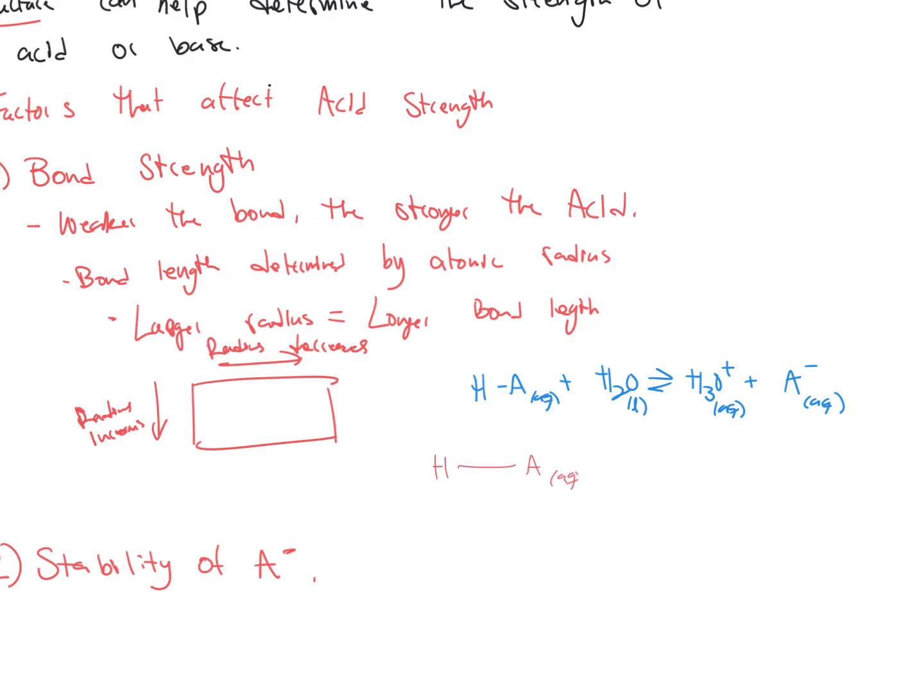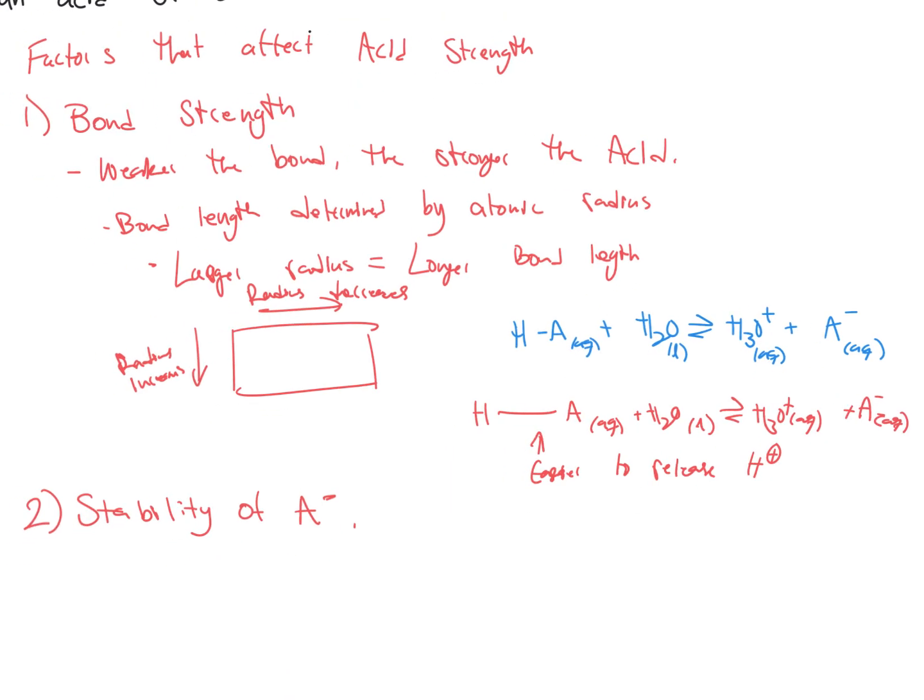I'm really exaggerating it here so you see what's happening. In the longer bond case, it's easier to release H+. And so the weaker the bond, the stronger the acid.